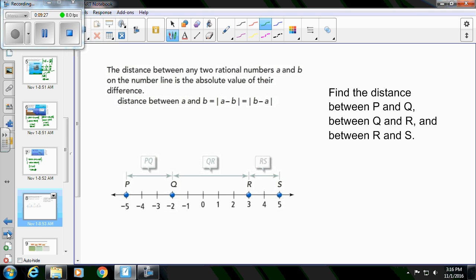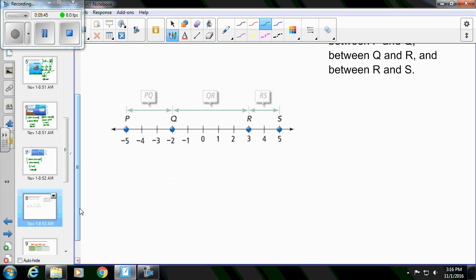Moving along again. The distance between any two rational numbers, A and B, on the number line is the absolute value of their difference, which is what we have been doing. So let's find the distance between P and Q, between Q and R, and between R and S. We'll do the first one together. Distance means absolute value. Let's label it.